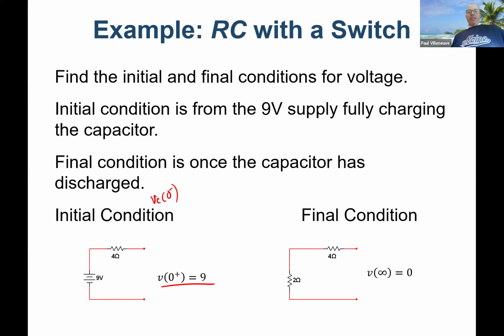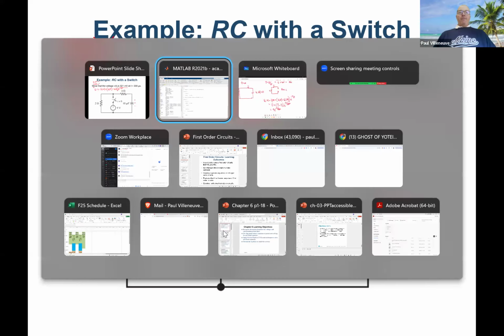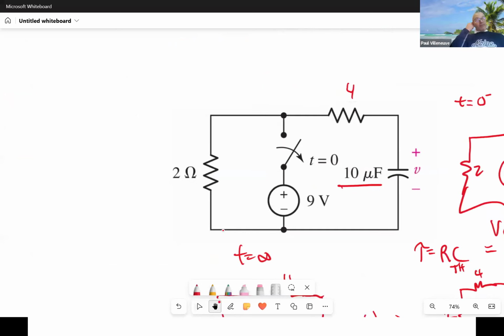To solve for the current, that's a little harder. Why is it harder to solve for the current than the voltage? So let's say we want to write an expression for current here. What would be different? The current can change instantaneously in a capacitor, can it? Right? Because C dV dt is the current.